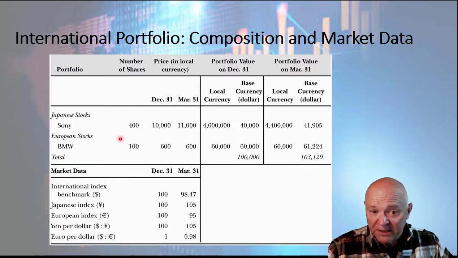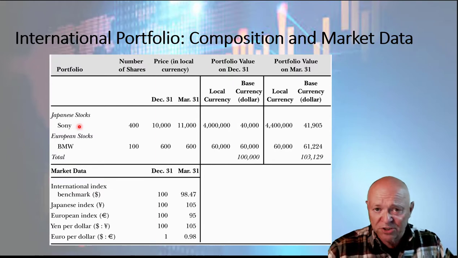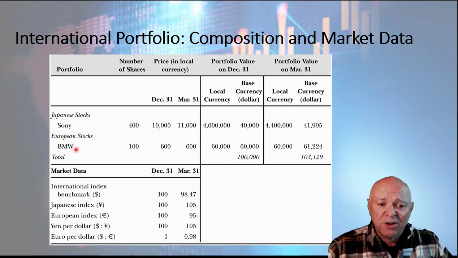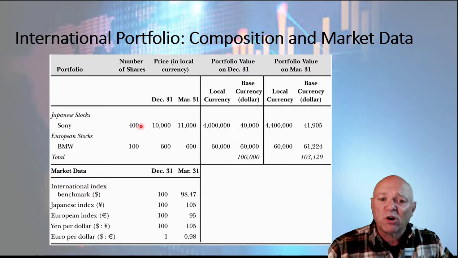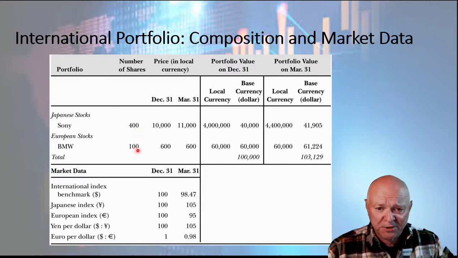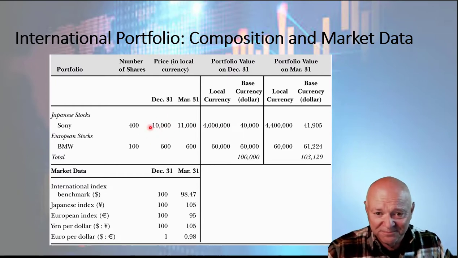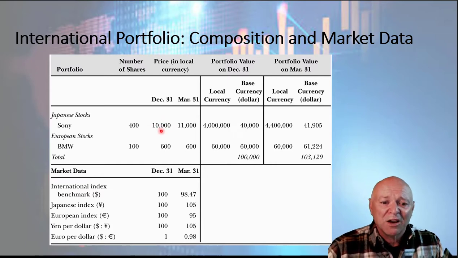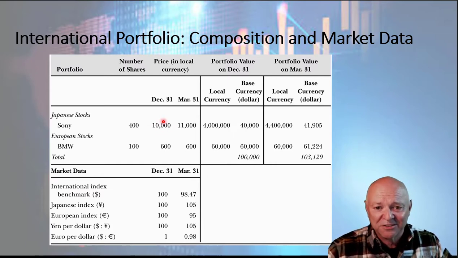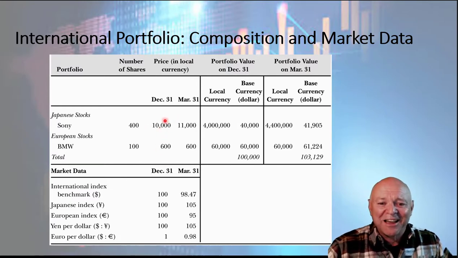Now, the company has achieved this by investing in two stocks, a Japanese stock, Sony, and a European stock, BMW. They bought 400 shares of Sony, 100 shares of BMW. The price in local currency, either yen or euro, was 10,000 yen for Sony, and that required a total investment of 4 million yen.